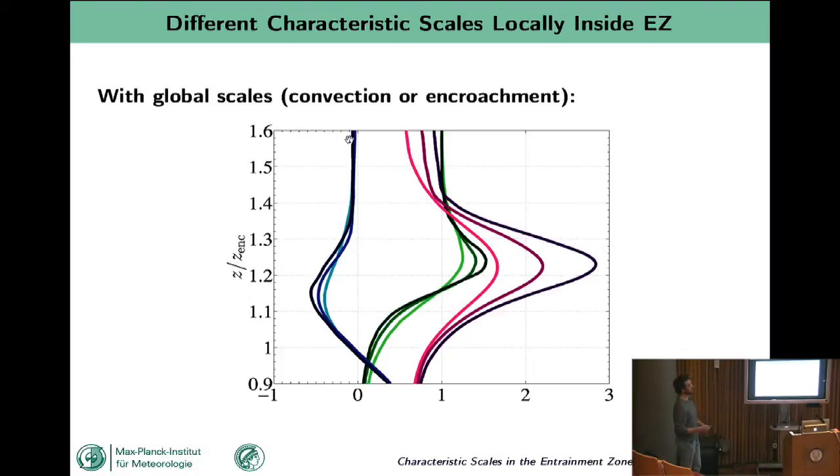And in blue, you have the buoyancy flux, simply the covariance between the vertical velocity and the buoyancy deviation. And here we are using the same encroachment scales as before. Now what you see is that as a function of time, represented here from the light color to the dark color, things keep changing. And it's simply telling us that the encroachment scales do not characterize the entrainment zone. So we have to look for a different scale.